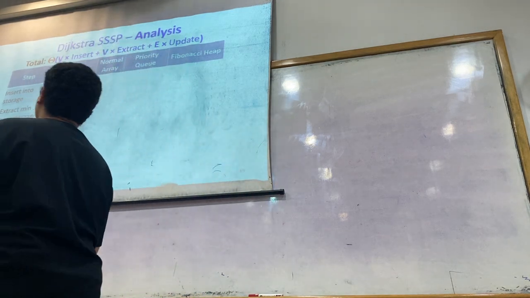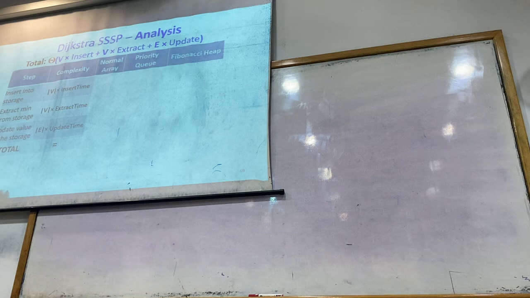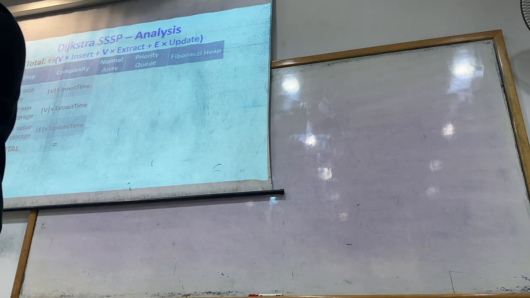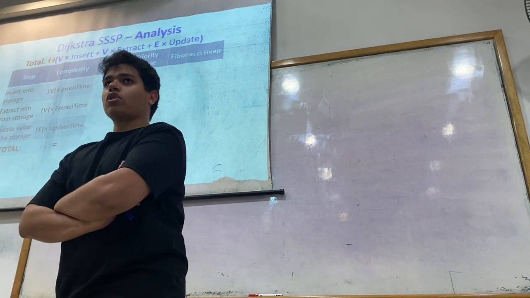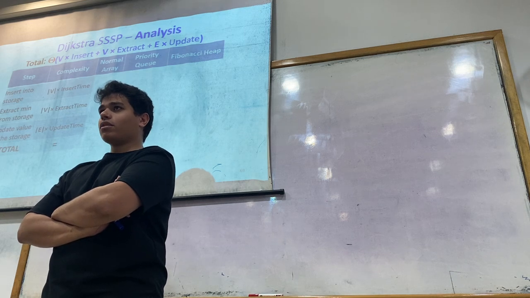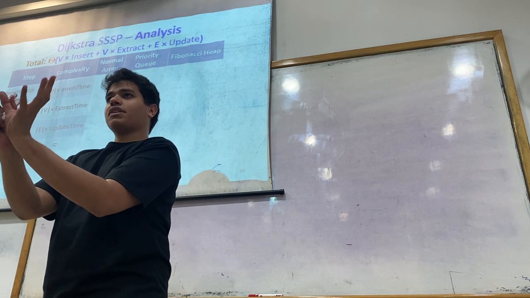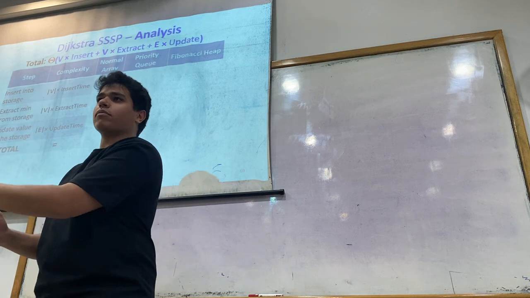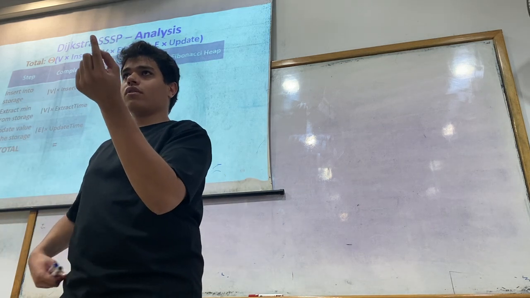Okay, so first let's go with the normal array. In order to insert into an array, what's the complexity? I will make A of 3 equals something, A of something equals something, that's right? It's order 1.